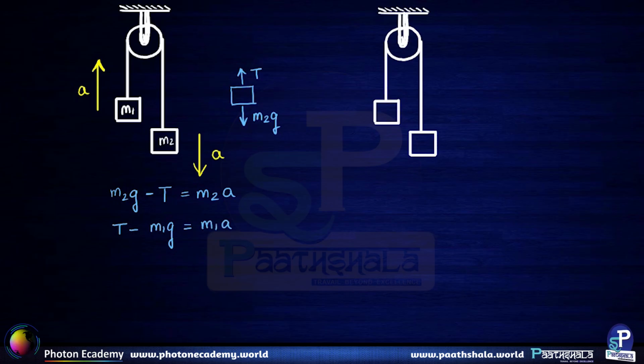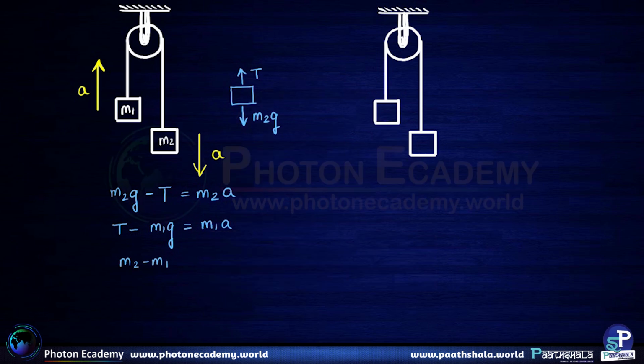If we add the two together, we get (m2 minus m1) g is equal to (m1 plus m2) a.